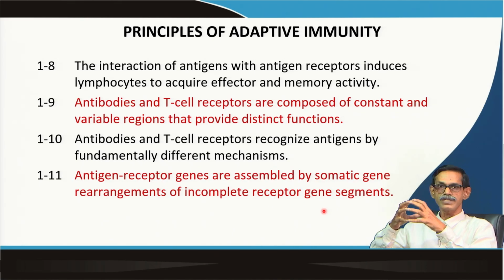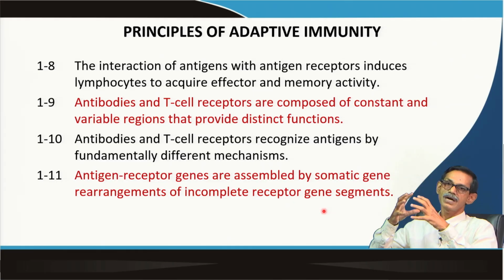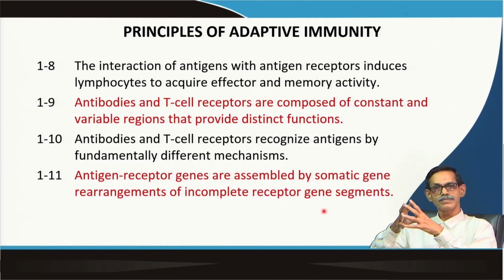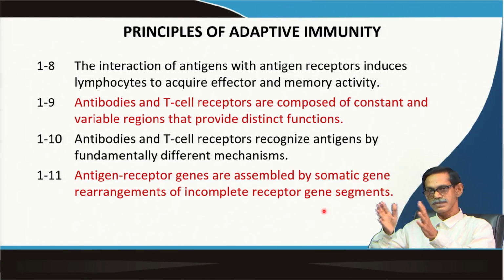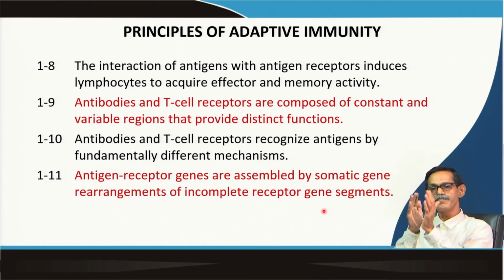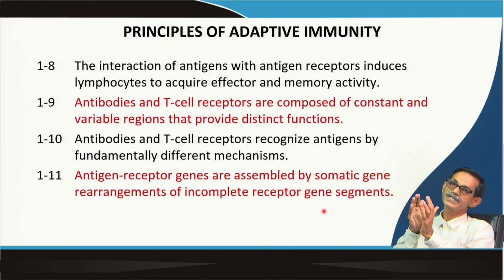But the innate part of immunity is not always enough to solve the problem. So, we have a backup mechanism which is more powerful and more specific, which again takes help from the innate immunity part, and they make themselves ready, or make the weapon, specifically for that particular pathogen.